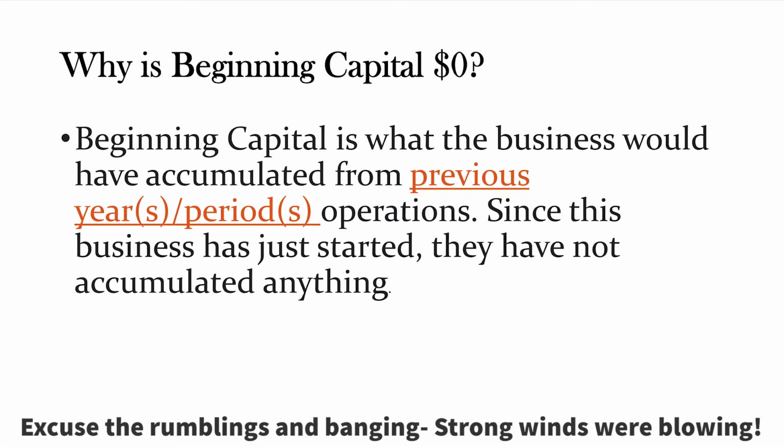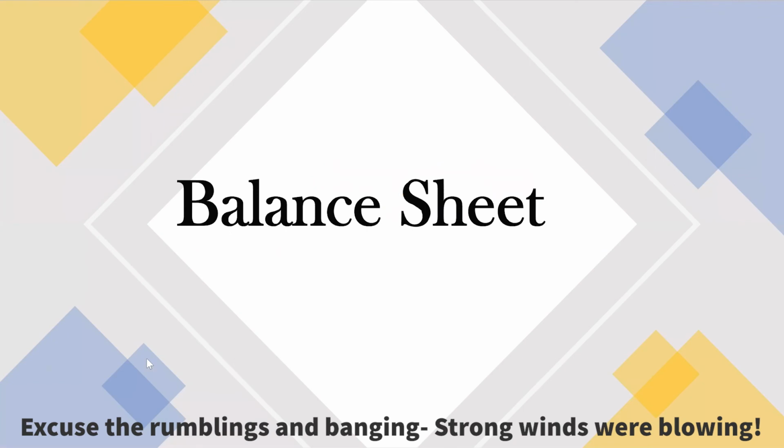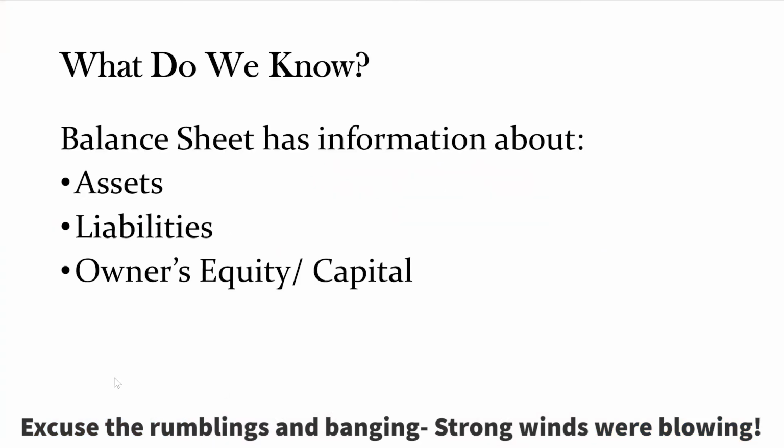So after we've completed our statement of owner's equity, we can move to our balance sheet. And we say our balance sheet has information about our assets, liabilities, and owner's equity, right?